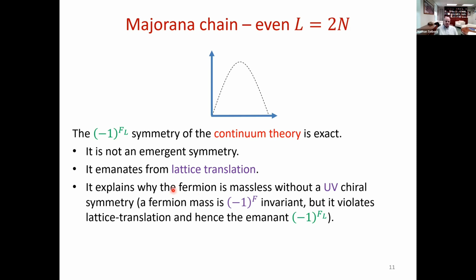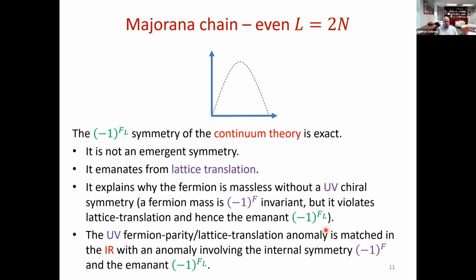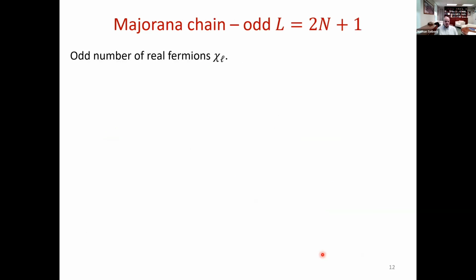For example, the fermion mass term is invariant under (-1)^F, but it violates lattice translation, and therefore it violates the emanant (-1)^F_L. And also we discussed how the anomaly of lattice translation becomes an anomaly in the continuum, or at low energies, an anomaly involving an emanant symmetry (-1)^F_L, thus avoiding a contradiction. This is what I wanted to say about even L.